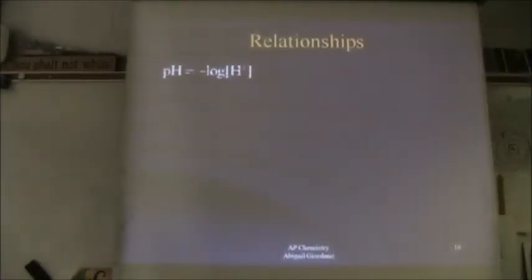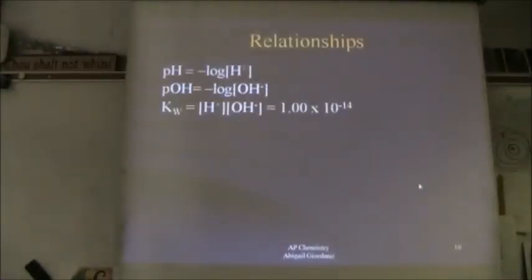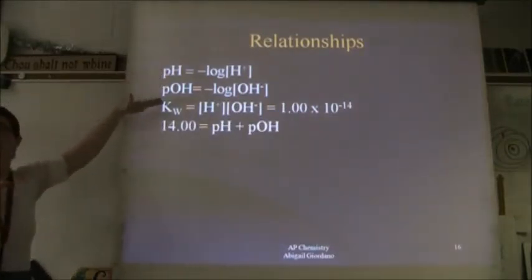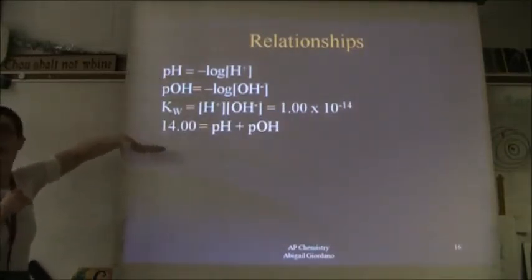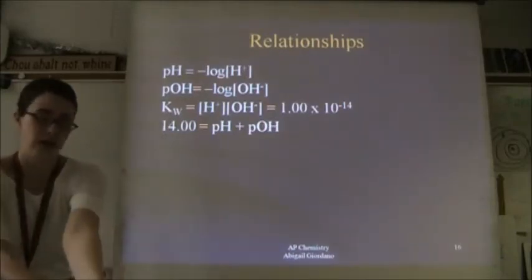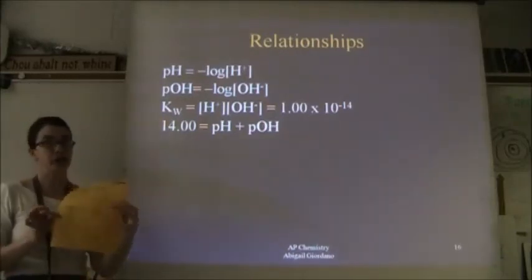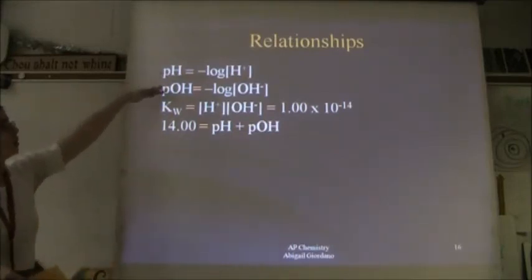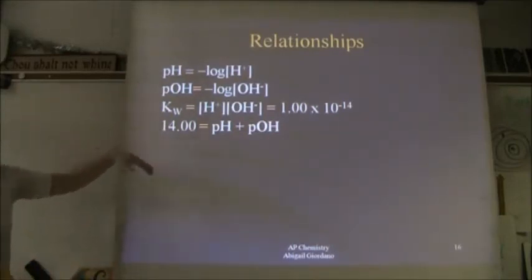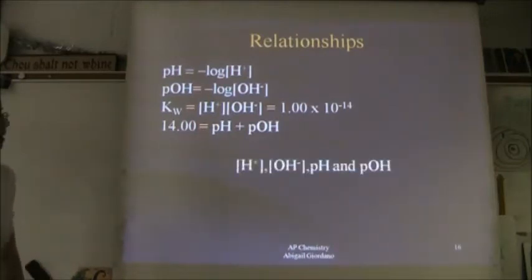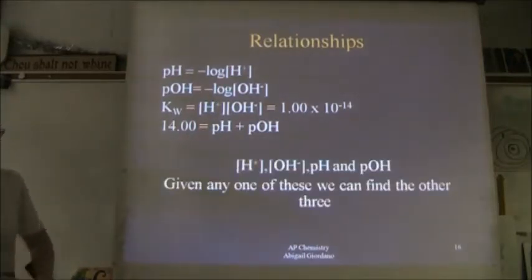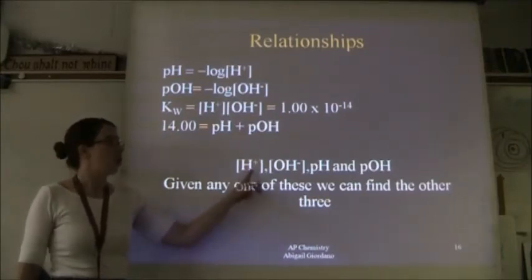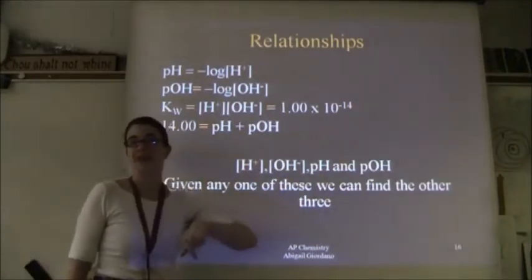All right, but here's the thing, guys. We have these 4 relationships. Don't memorize them. They are all on your equation sheet. You can do a lot of things knowing these relationships. Specifically, I can give you one of these pieces of information.